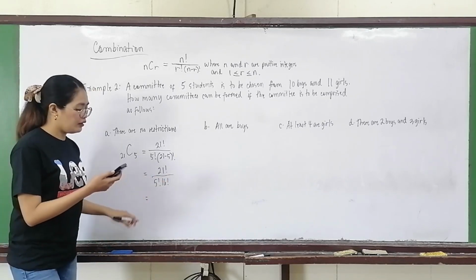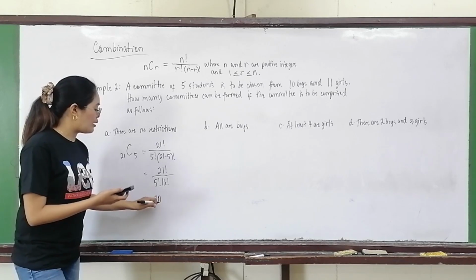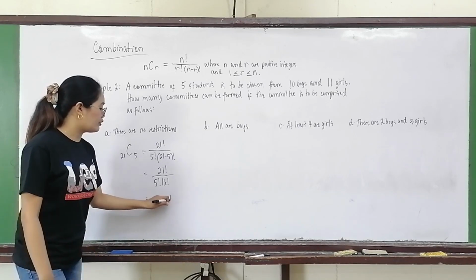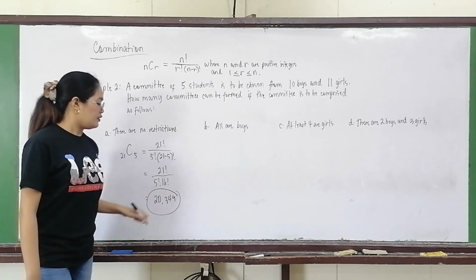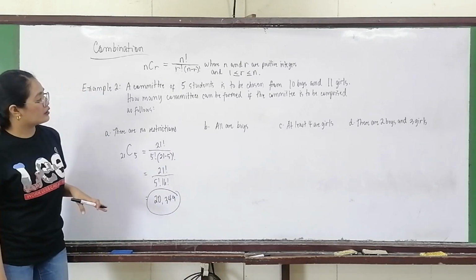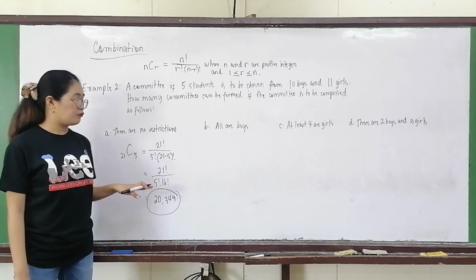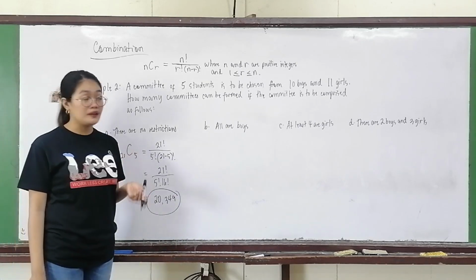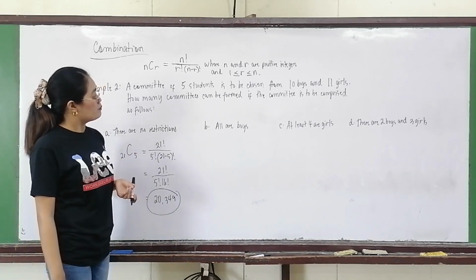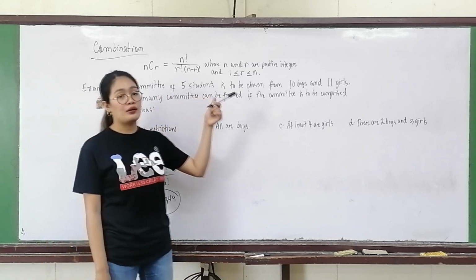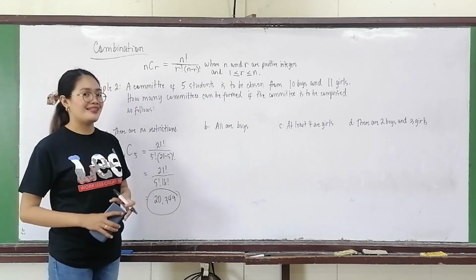Our quotient then would be 20,349. This tells us that there will be 20,349 possible committees that can be formed, choosing 5 students out of the 21 students.